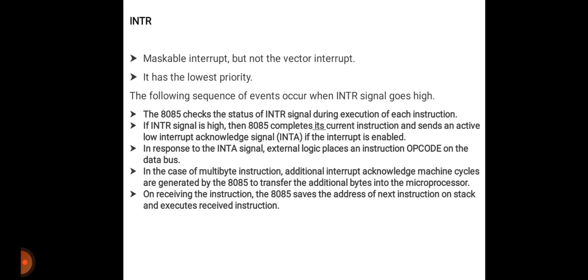First, the 8085 checks the status of the INTR signal during execution of each instruction. Next, if the INTR signal is high, the 8085 completes its current instruction and sends an active low interrupt acknowledge signal INTA, if the interrupt is enabled.